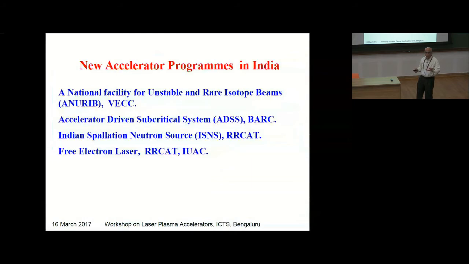So these are the home-built systems that we have in the country, and we have new accelerator programs taken up by the National Facility for Unstable and Rare Isotope Beams at VECC, in a much bigger way, and then accelerator-driven subcritical systems at BARC, that is using an accelerator in conjunction with a subcritical reactor, so that the transuranides, which are produced in the fission, can be burnt away.